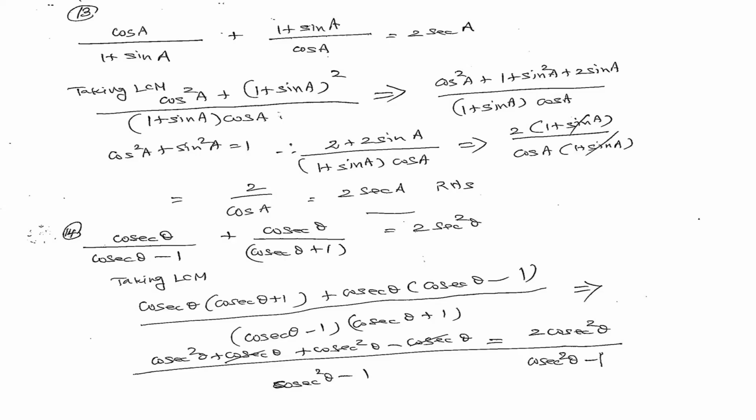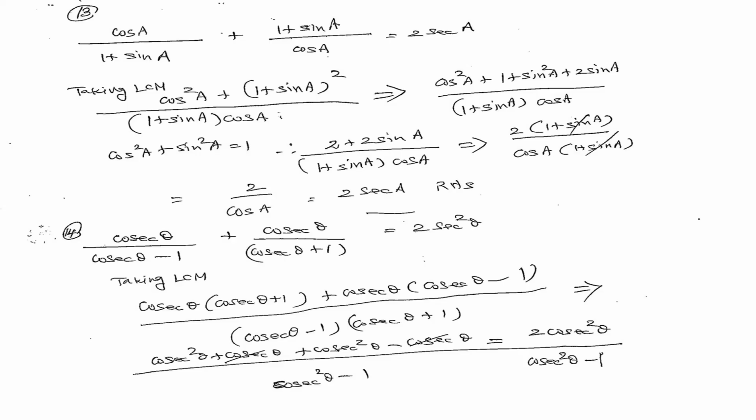Therefore, the numerator becomes 2 plus 2 sin A by 1 plus sin A multiplied by cos A. Gets extended to 2 being common factor taken out, 2 into 1 plus sin A by cos A into 1 plus sin A. Numerator and denominator 1 plus sin A gets cancelled. Therefore, 2 by cos A is equal to 2 sec A, RHS.